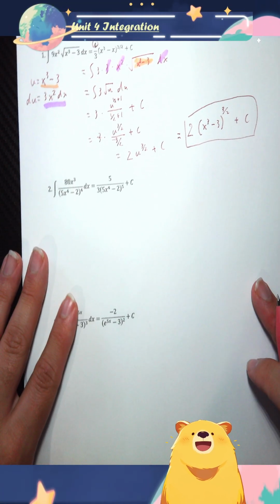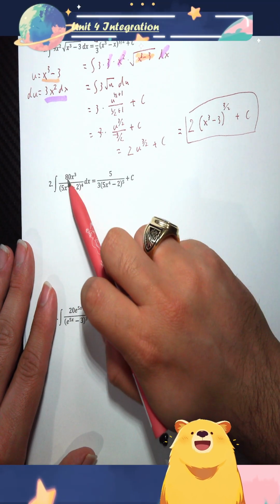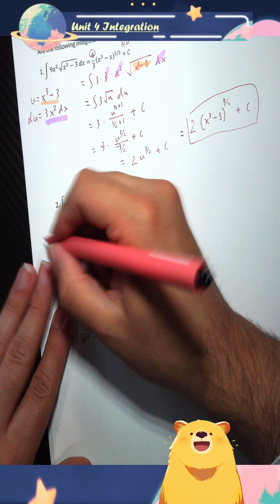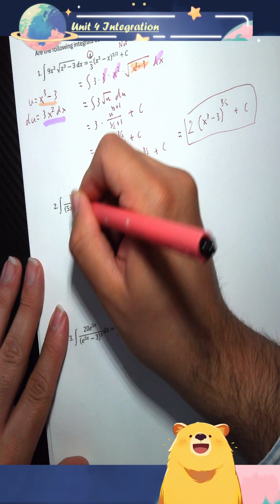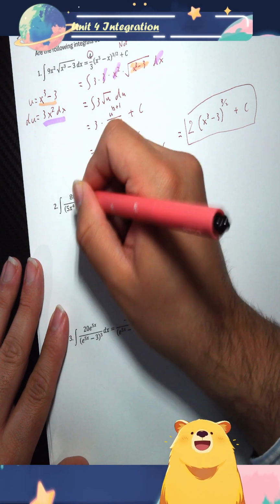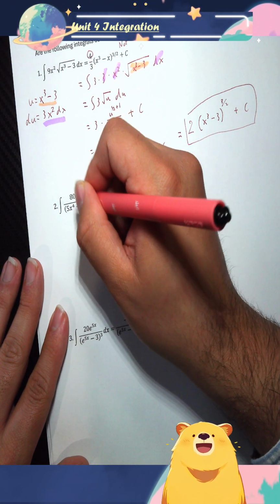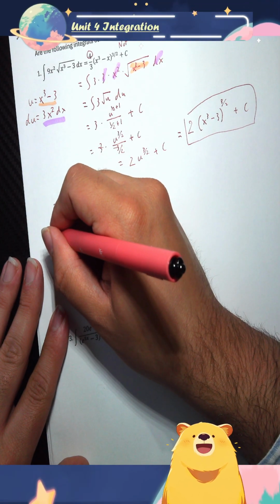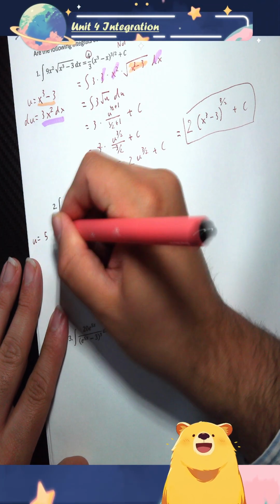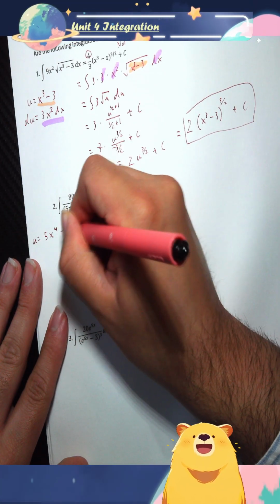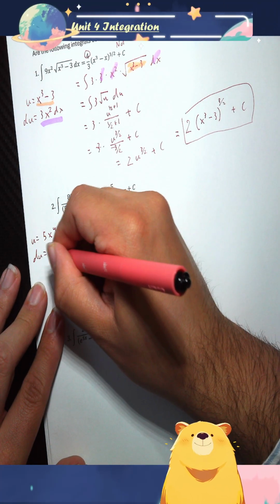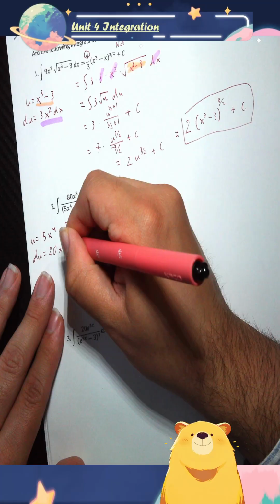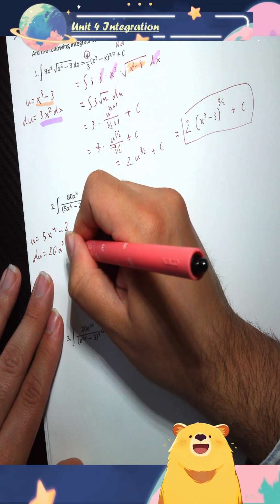All right, how about here? Again, you have a similar issue of the multiplication happening out of thin air. But we know that if I take the derivative of x to the power of 4, I could definitely somewhere along the way get x to the power of 3. So let's do that. We have u equal to 5x^4 minus 2. And the derivative of that is 20x to the power of 3, and then dx.